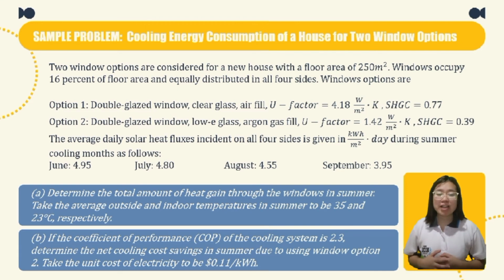Take the average outside and indoor temperatures in summer to be 35 and 23 degrees respectively. Second, if the coefficient of performance or COP of the cooling system is 2.3, determine the net cooling cost savings in summer due to using window option 2. Take the unit cost of electricity to be $0.11 per kilowatt-hour.